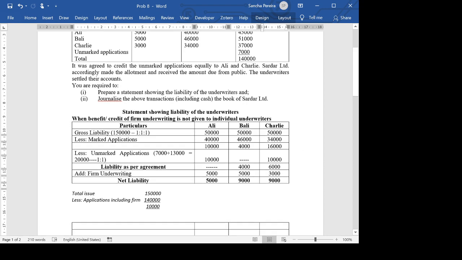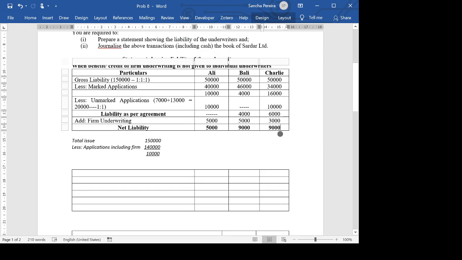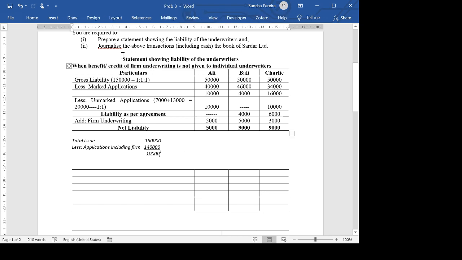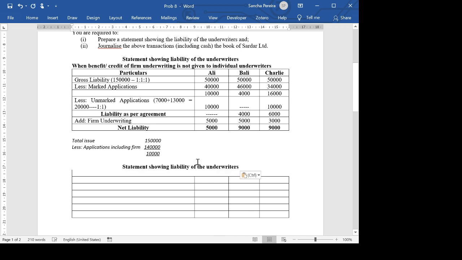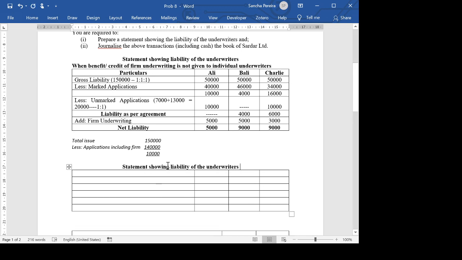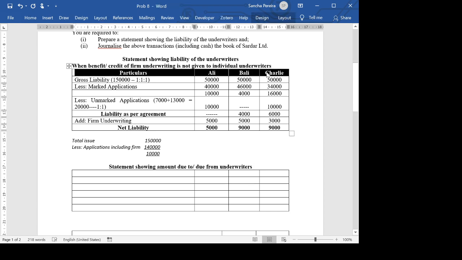Now we go on to the next statement, which is a statement showing amount due to slash due from underwriters. So again, we have the same names.